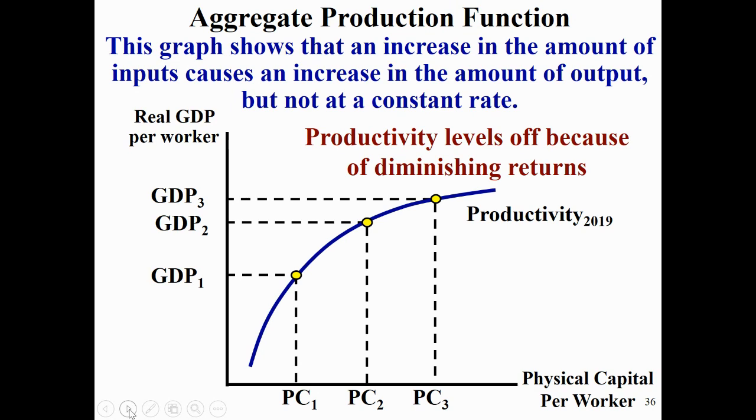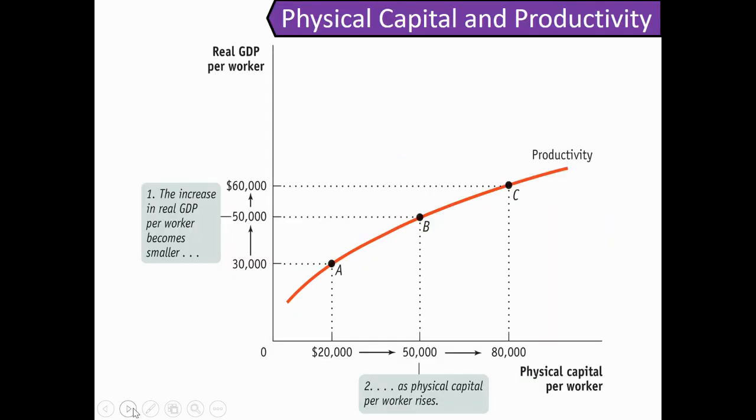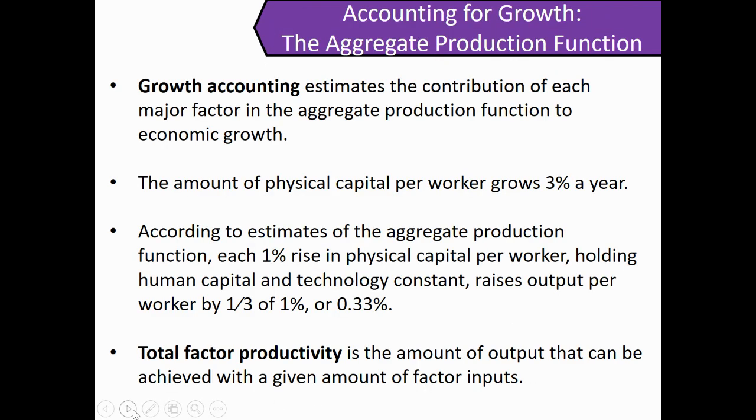All right, so we need new skills, we need new human capital, and we need new technology to make our productivity increase. Okay, so here it is again with some numbers, so you can see the increase in real GDP per worker is getting smaller as we have a large increase in physical capital.